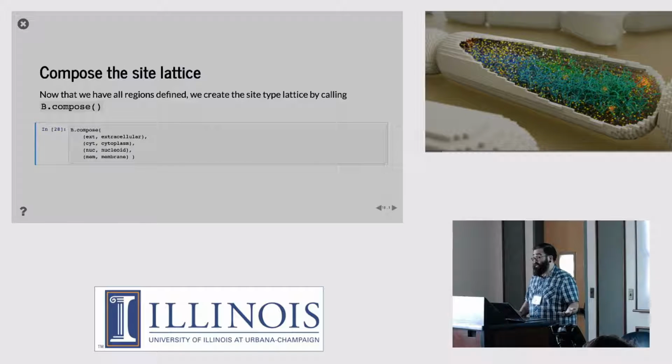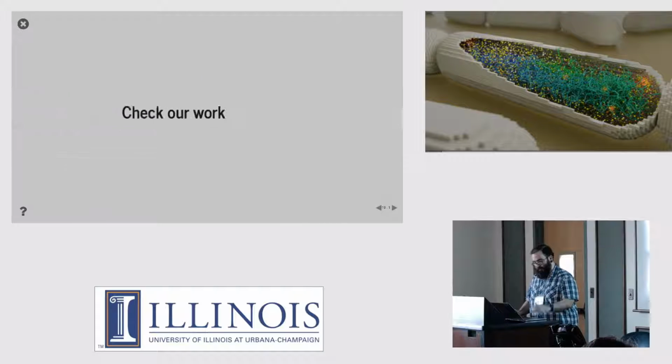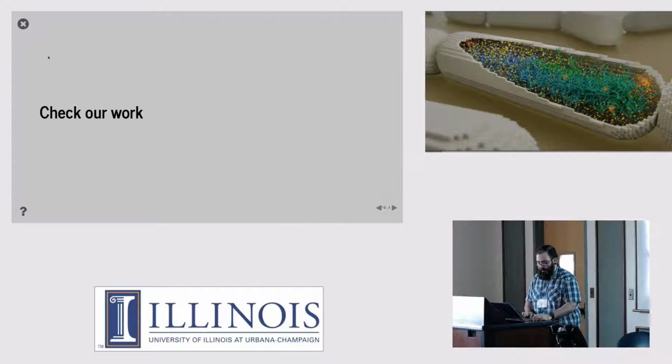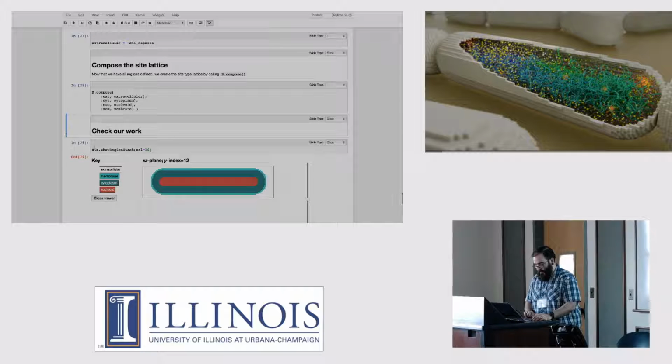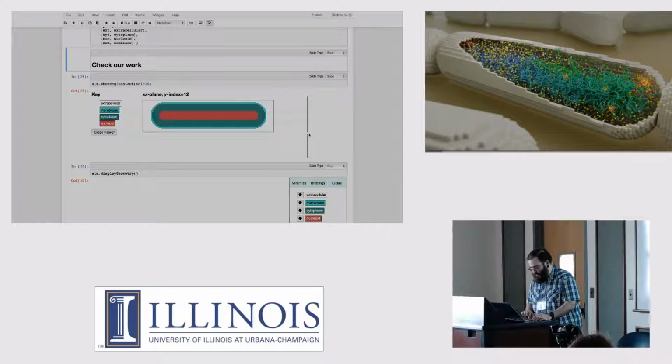Now we can compose the site type lattice. These are the region objects that we already defined, and these are the site types, the binary lattices which define the different regions. So we compose them, and now we can take a look at what we made. And it is what we expected to see. Cool.